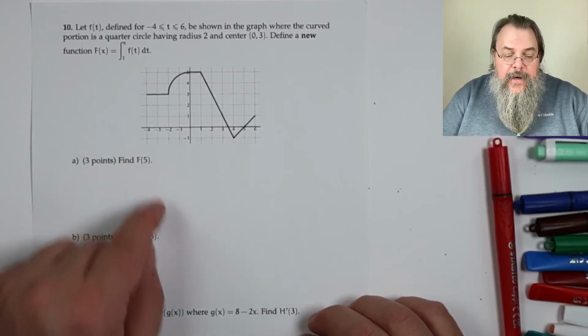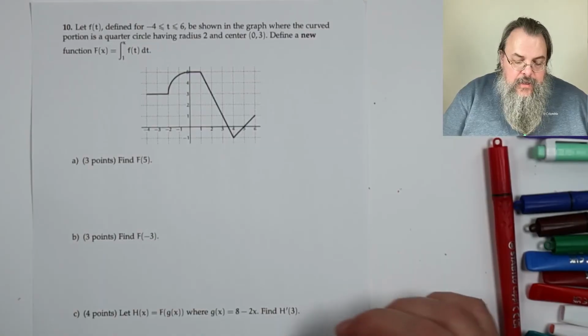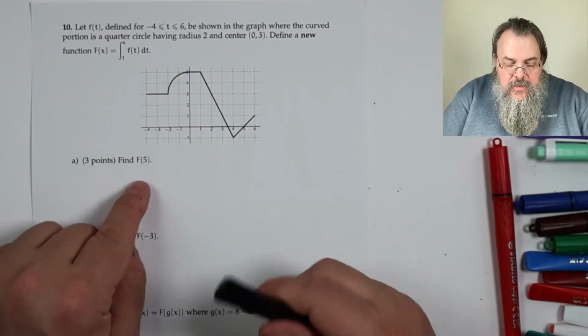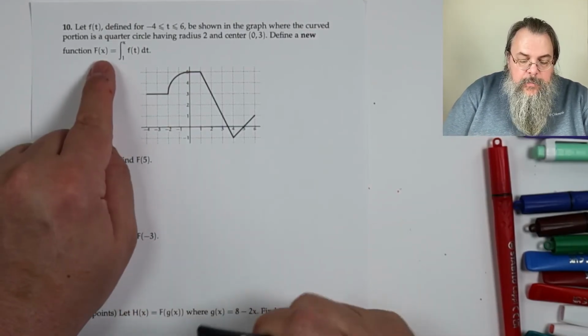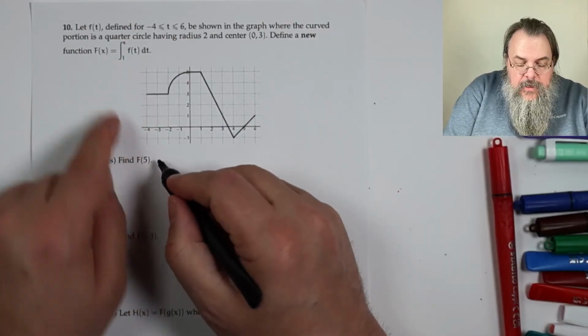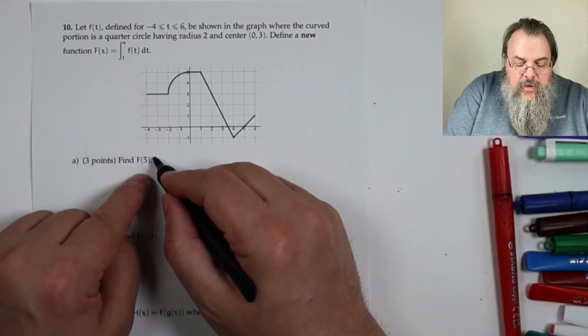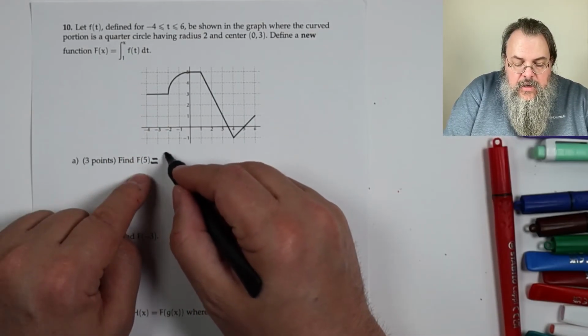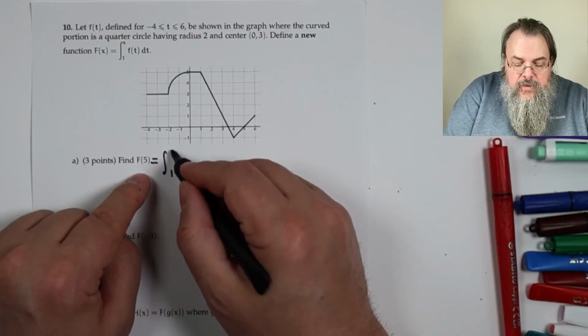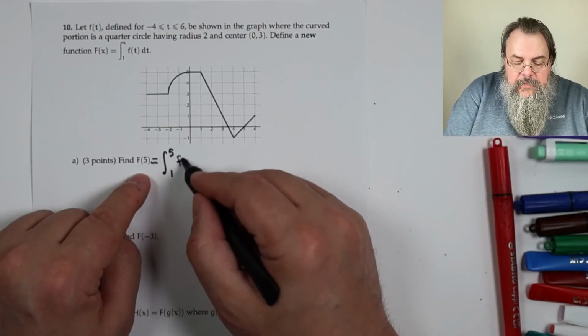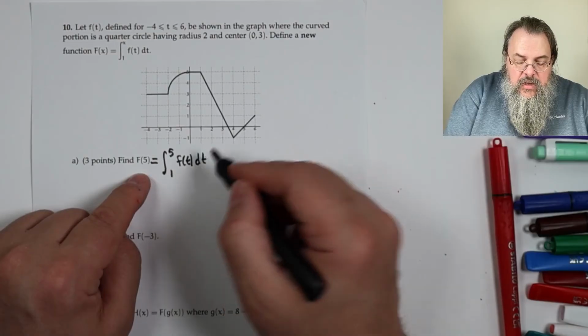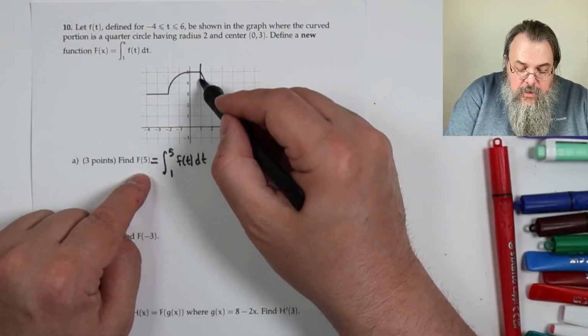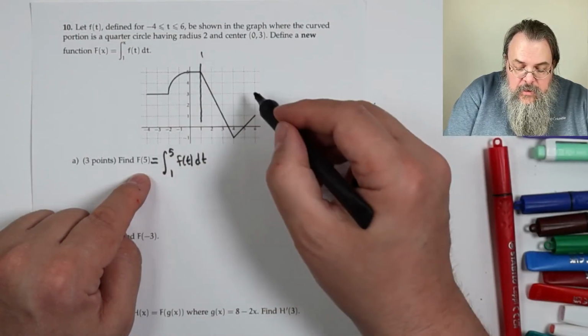Find F of 5. Well, now, this F of 5, I can come up here and that says, look, I'm going to put in 5 for x. So this is equal to the integral 1 to 5 of f of t dt. So here's our 1, and here's our 5.